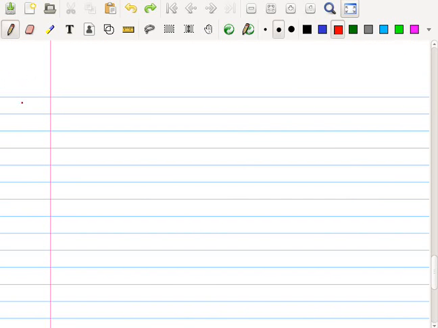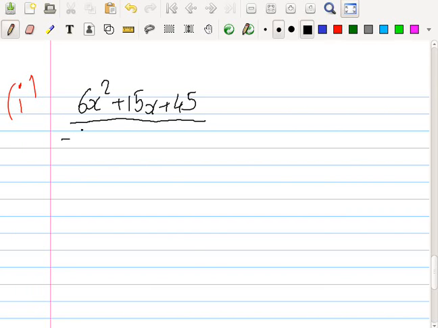So now at I said... Whoops, sorry, I'm mixing them up. 6x squared plus 15x plus 45. Then in the denominator, minus 3x cubed minus 13x squared minus 28x minus 8.